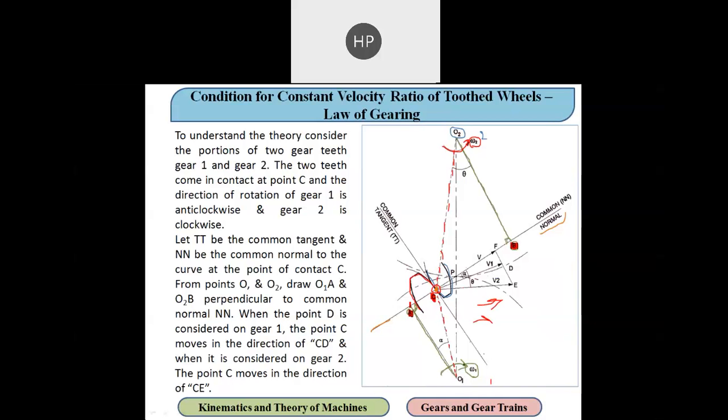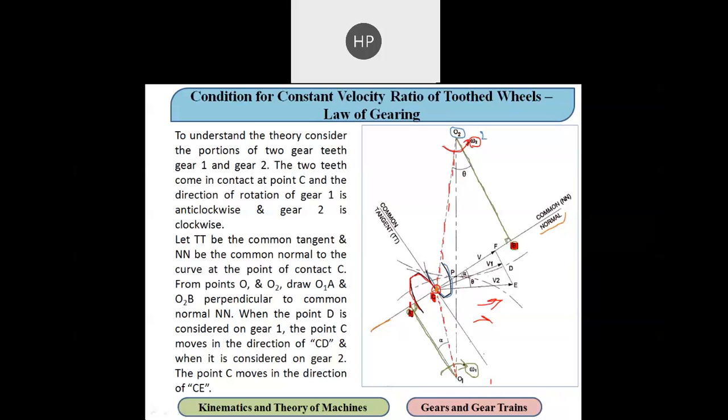If gear 1 and gear 2 have different velocities, then there will be some portion where the tooth of gear 1 and the tooth of gear 2 will not remain in contact.